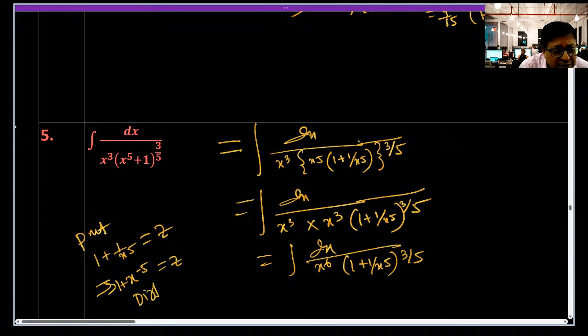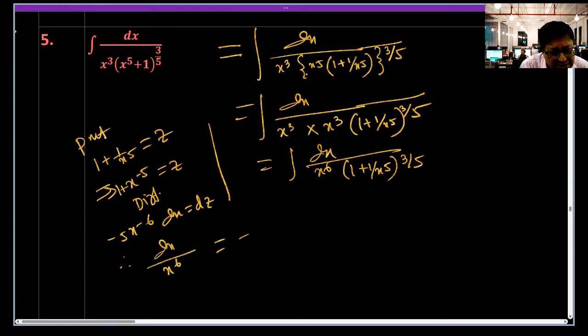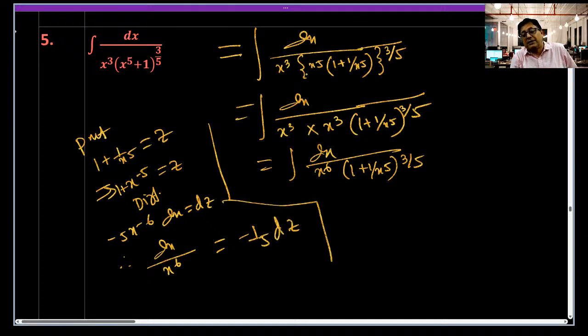So differentiate both sides. What do you get on differentiating? Minus 5. Therefore, dx by x to the power 6 is minus 1 by 5 dz. Clear?